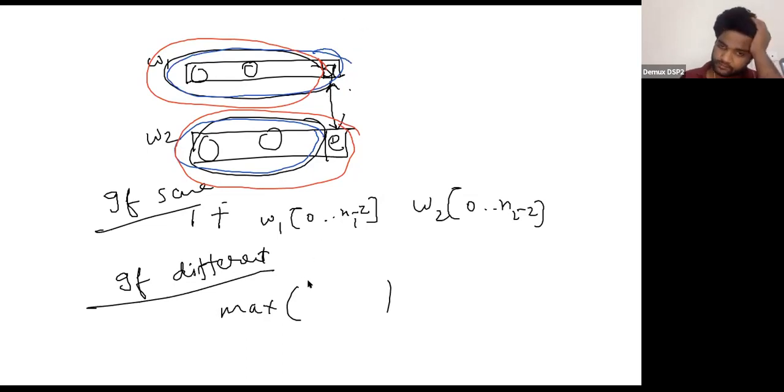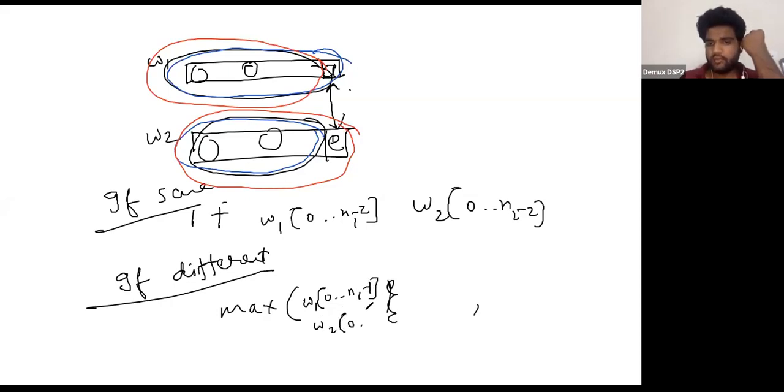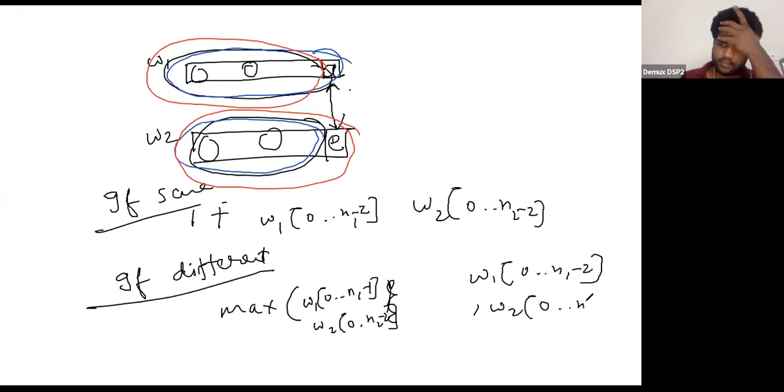So you have W1 from 0 to N1 minus 1 and W2 from 0 to N2 minus 2. And the other one is you have W1 from 0 to N1 minus 2 and W2 from 0 to N2 minus 1. So that is the length.